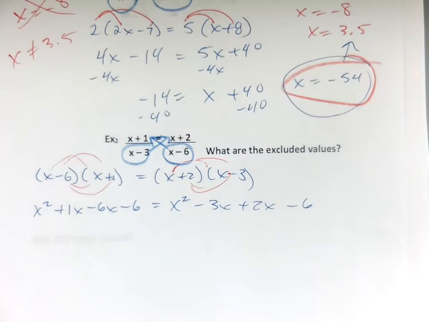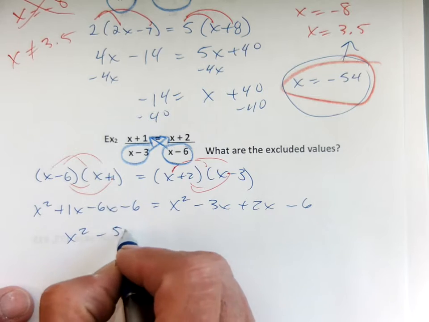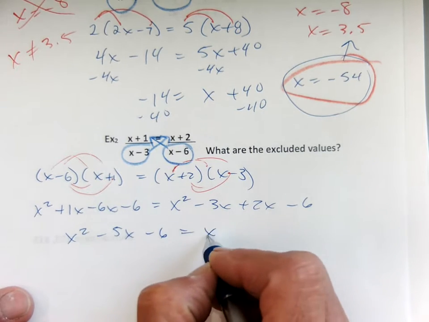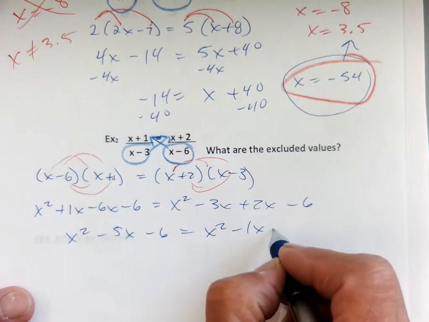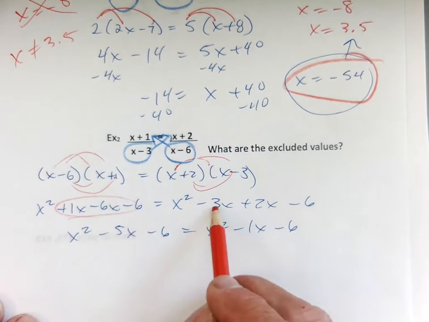I'll step back and let you catch up. So I just multiplied it through. It simplifies to x squared minus 5x minus 6 equals x squared minus 1x minus 6. I just combined the middle terms.